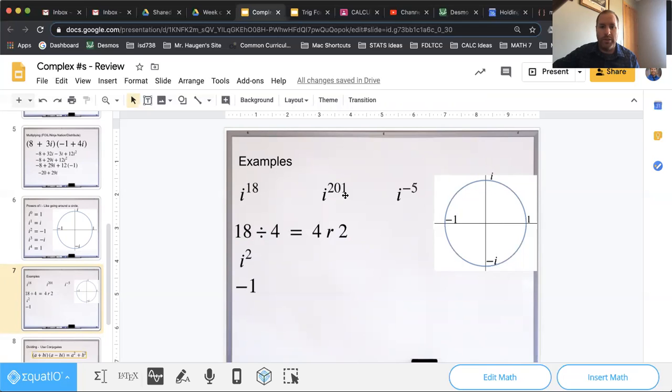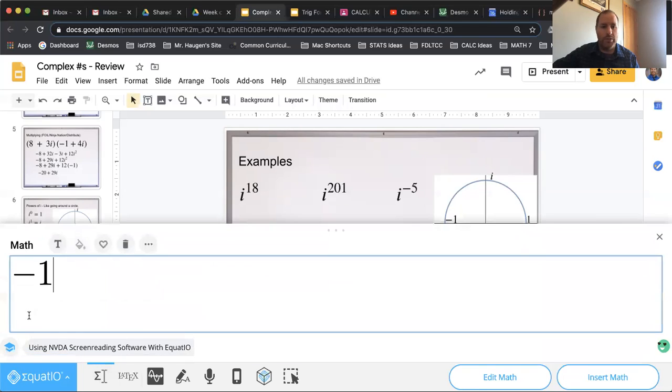Another way that you can look at this is if we take our 201. Maybe I take my 201 divided by 4, and I don't want to worry about the remainder so much.